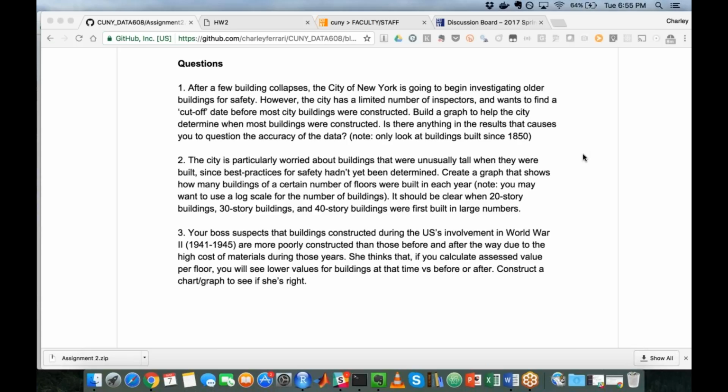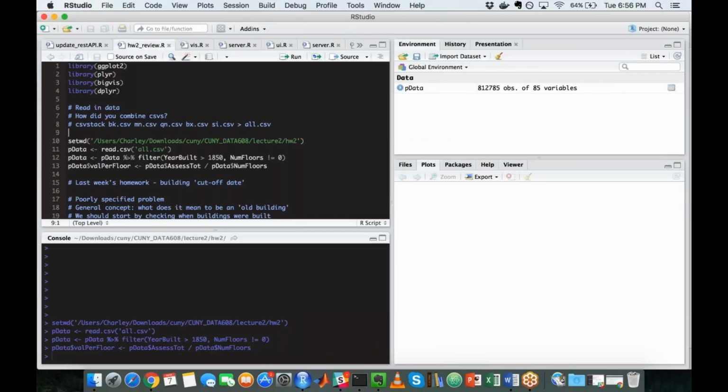It could be interpreted as, you could simply use a median. When were 50% of buildings constructed? So there's a couple of strategies to looking at something like that.